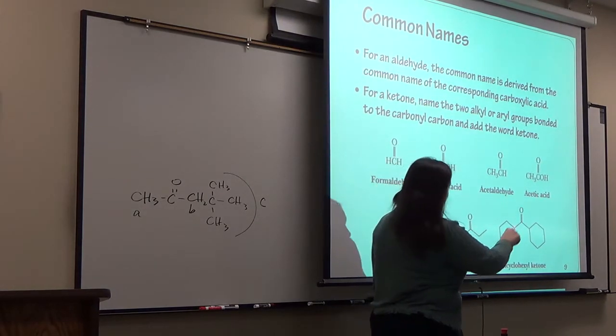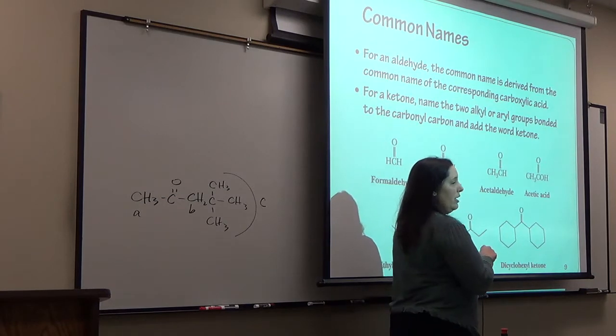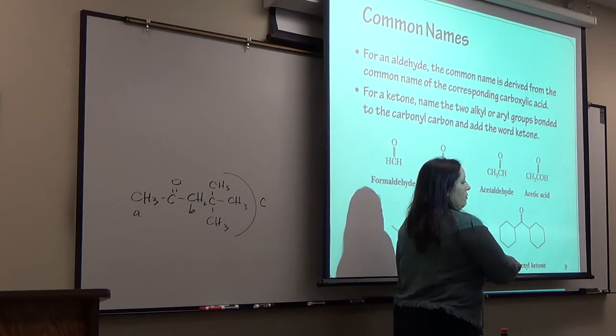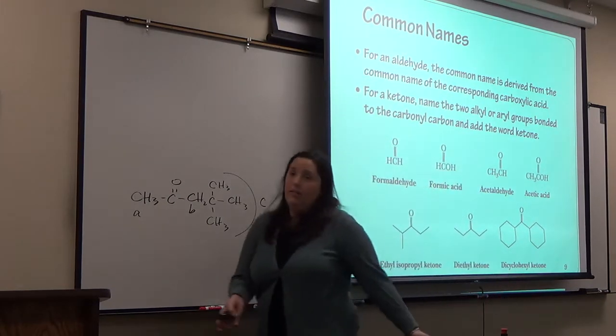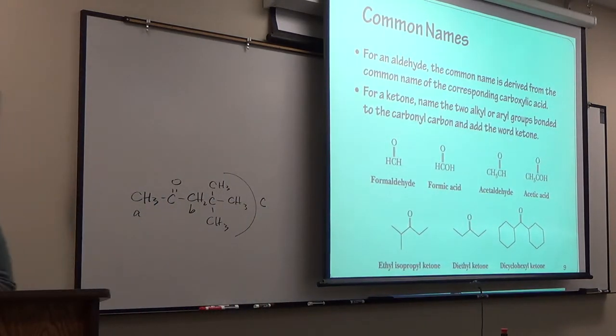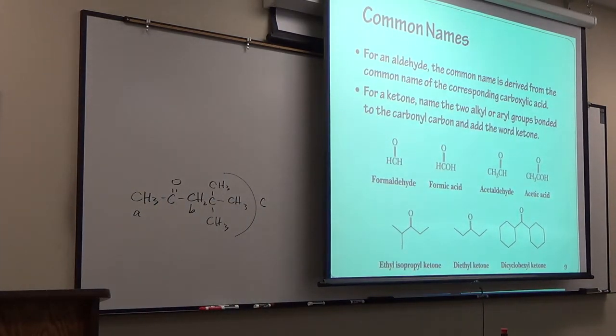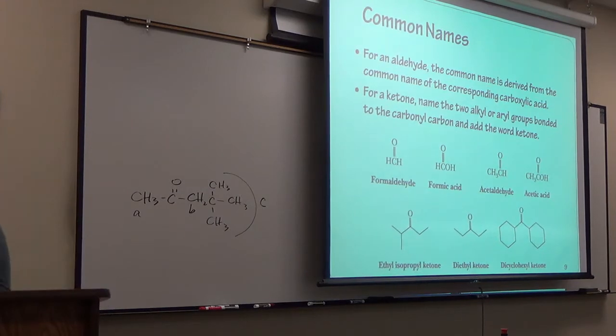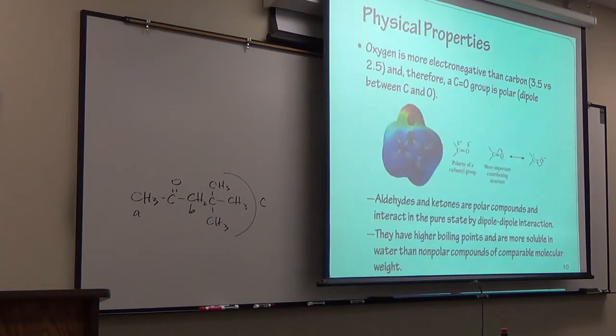Does that make sense? 2 cyclohexanes, so again, dicyclohexyl ketone. Makes sense? Either way you want to name it on the exam is acceptable, as long as it's correct. So if you want to use the common name, you're welcome to do so, for aldehydes and ketones. So that's naming. Any questions on naming?